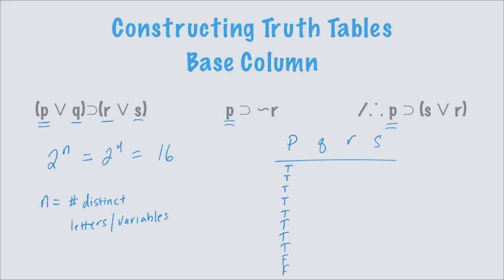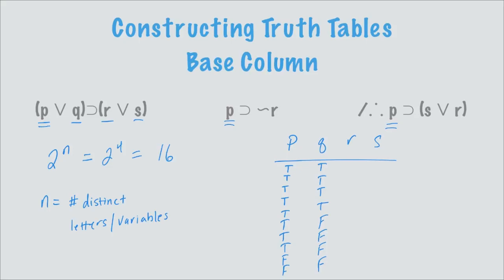I'm running out of room here, as you can see. And the same would be for Q. I'm going to have 8 trues and 8 falses, except that when writing out that base column, half of those are going to have the previous column's pattern. So if I start with 8 trues and 8 falses, then I'm going to have 4 trues and 4 falses in combination.